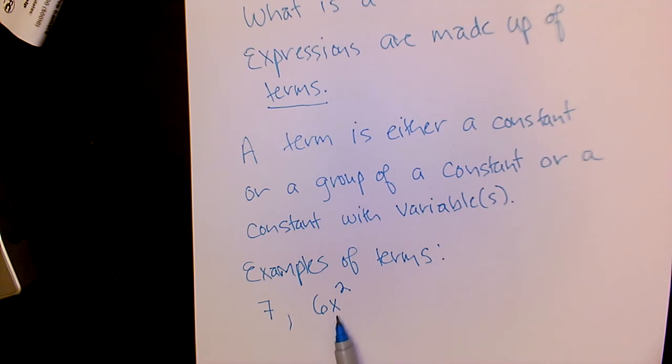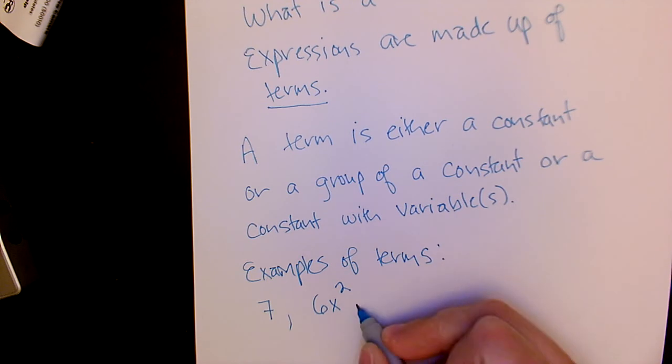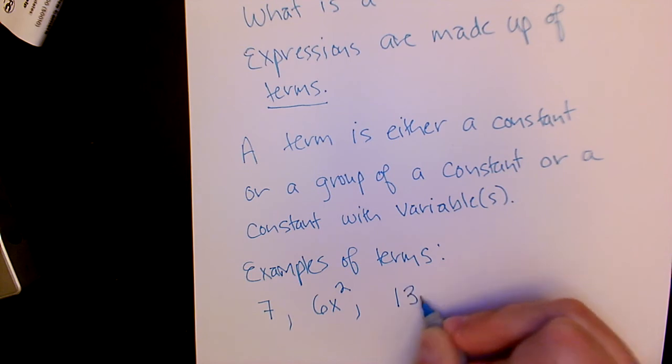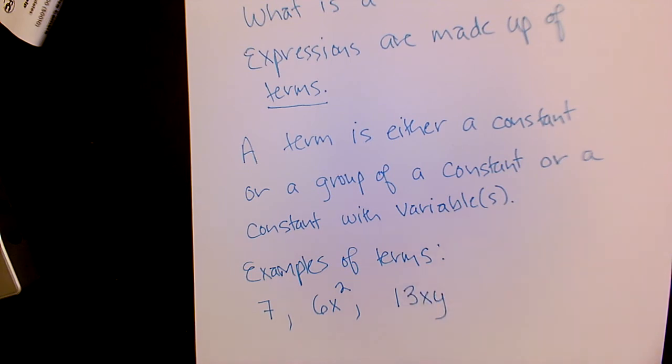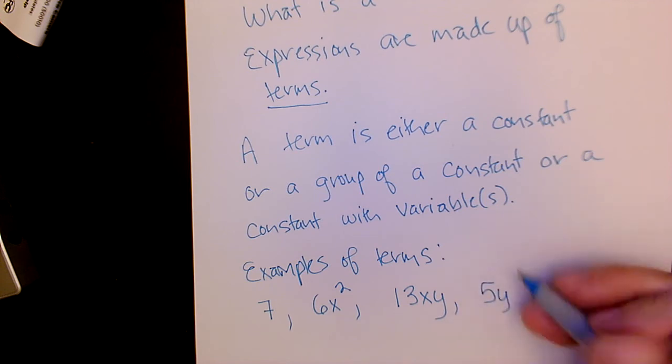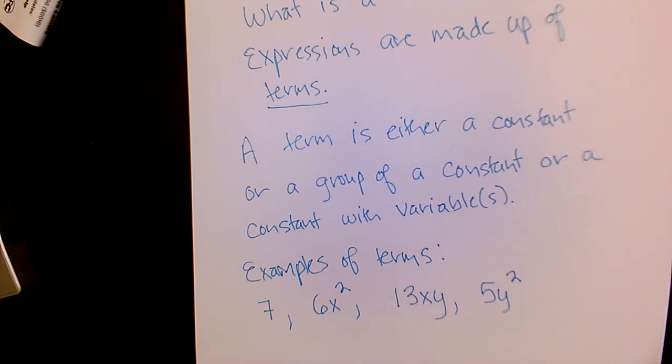I have a variable and a constant. 13xy is a term. I have my constant and my two variables, and they're all being multiplied together. 5y to the second power is a term. Got your constant and your variable.